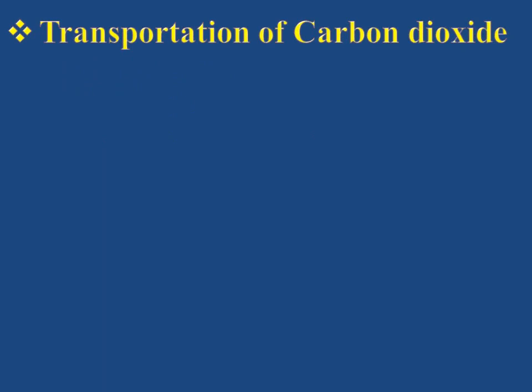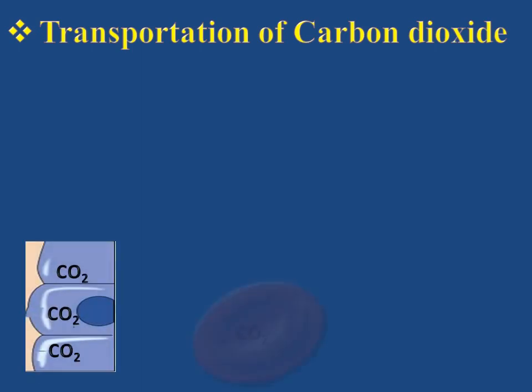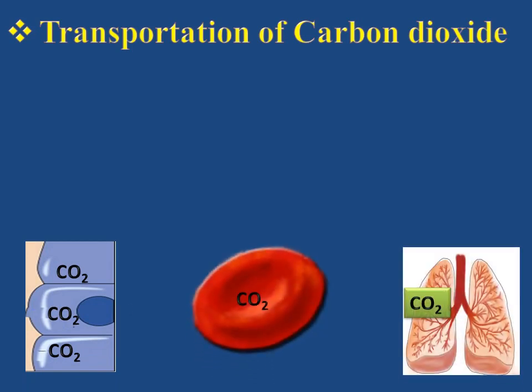Transportation of carbon dioxide. We know that carbon dioxide is the product of the cellular respiration process. After that, the carbon dioxide comes out from the cell and is transported through the red blood cells and finally goes into the lungs for purification.